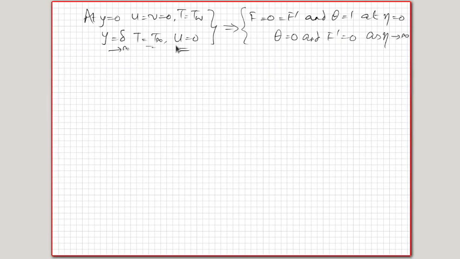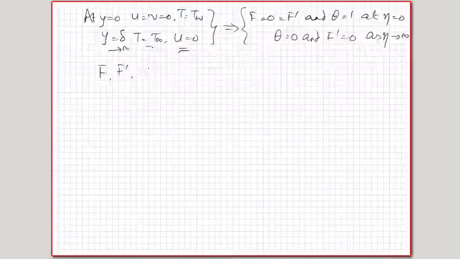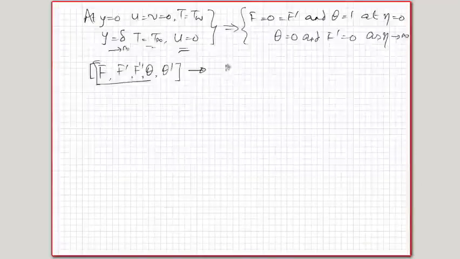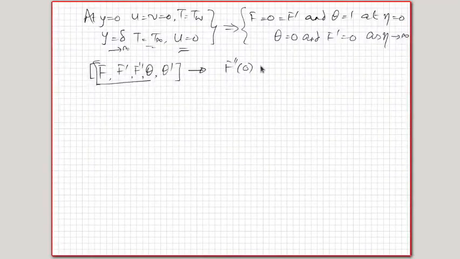Once I have solved it, we'll be solving for f prime and theta, and f double prime and theta prime. So these are the 5 variables that we'll be typically solving for in this case. And with that, you'll be able to get f double prime at 0, which is going to be del u by del y at 0.